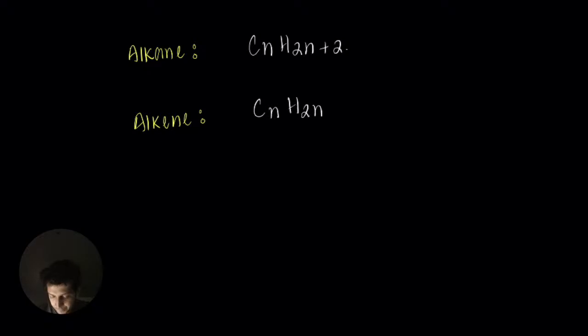So for alkanes, the general formula is CnH2n+2, but for alkenes, the general formula is CnH2n. And that makes sense because that double bond causes 2 carbons to have 2 fewer hydrogens in total. So the general formula for an alkene is CnH2n.